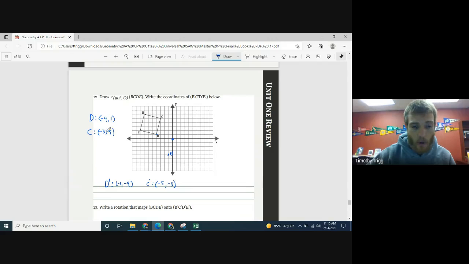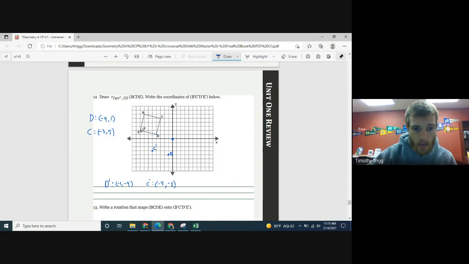Again, flipping the x and y, and what was the y coordinate changes signs. What was the x coordinate doesn't. This is only for a 90-degree rotation. 180 and 270 have their own rules. -5, comma, -3. So this is where C prime ends up. Okay.